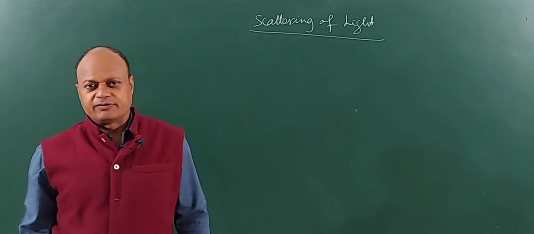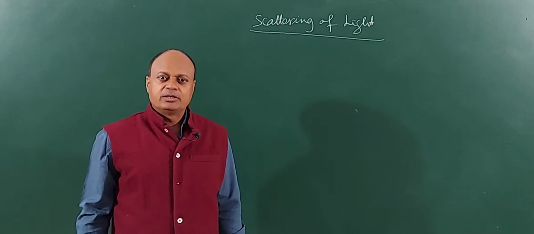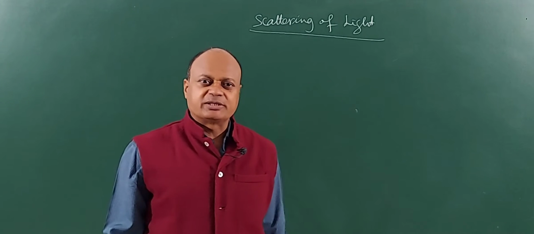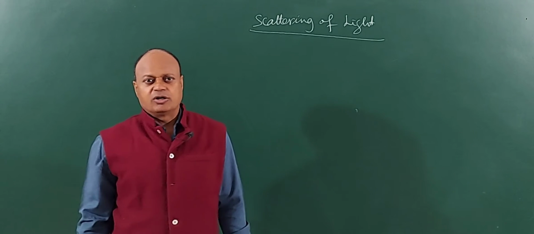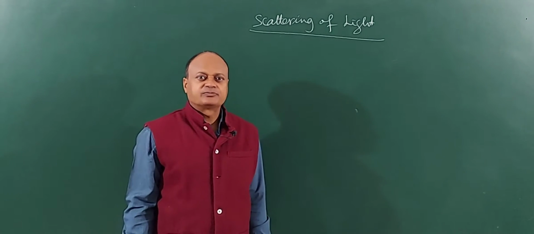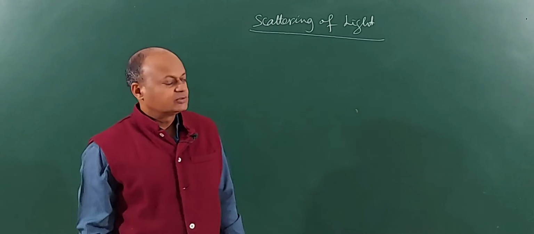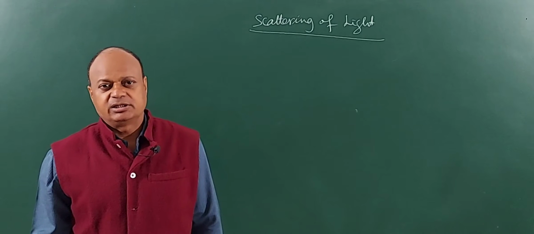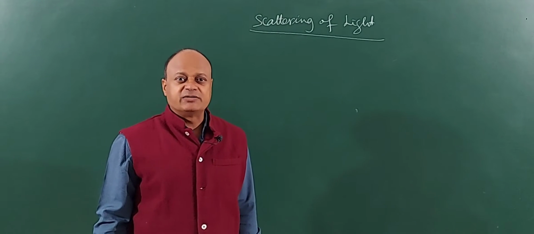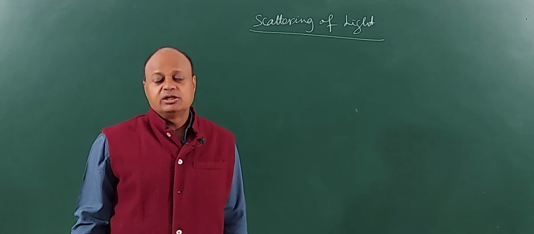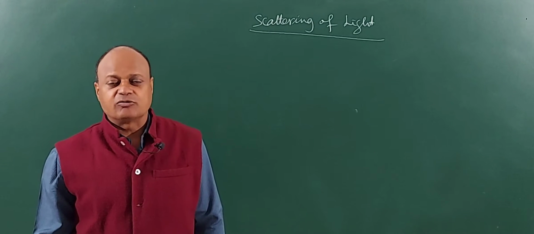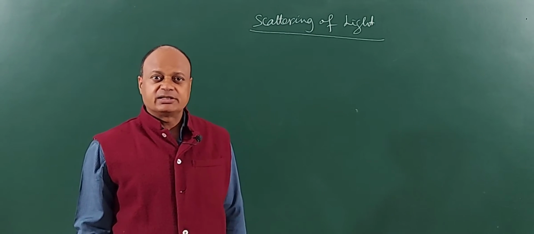What is scattering of light actually? You see, when light from a distant object is incident on atmospheric particles, then it recoils. It is thrown back in the same direction or it gets deflected, right? So, deflection of light by atmospheric particles is called what? Scattering of light.